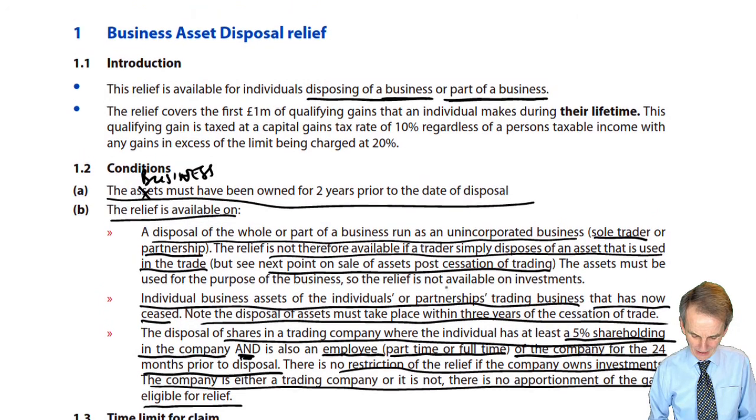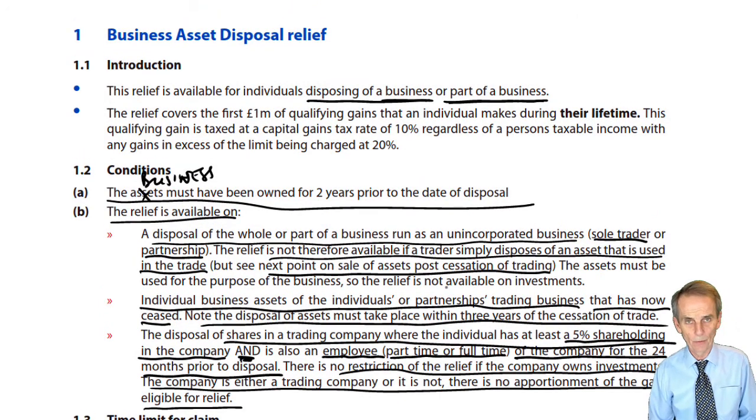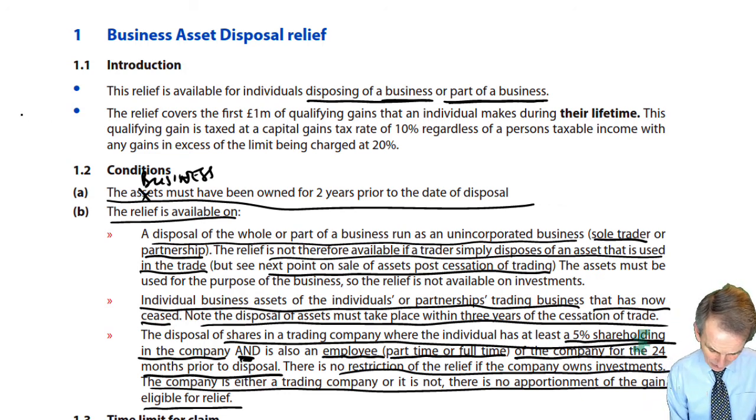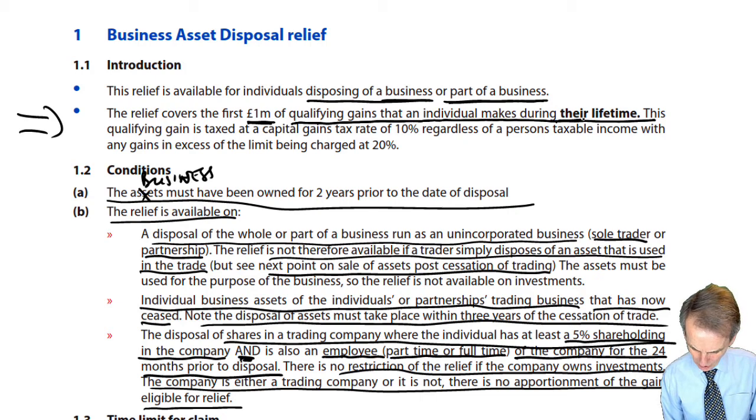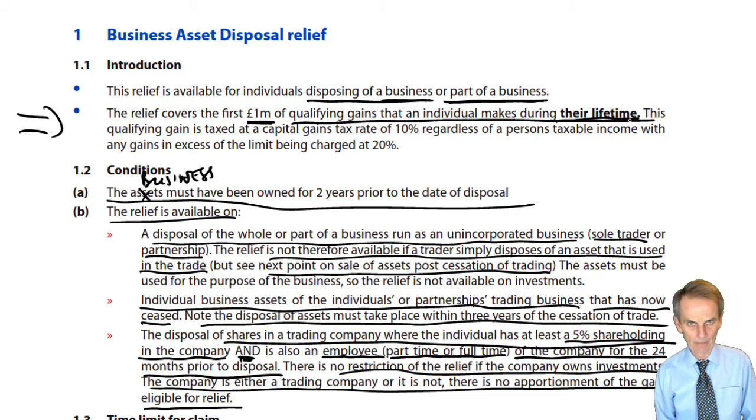But to understand that those gains will be eligible, we have made mention a few times now that there's a cap on the amount of gain eligible for the relief. Back in this note in our introduction, the relief covers the first £1 million of qualifying gains that an individual makes during their lifetime.